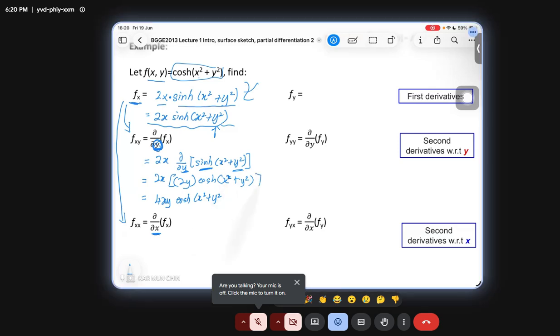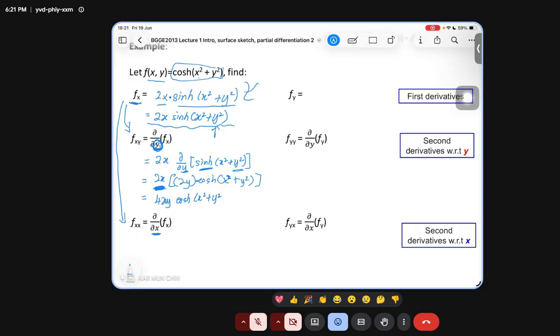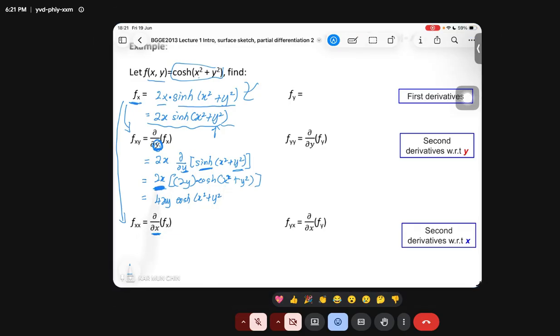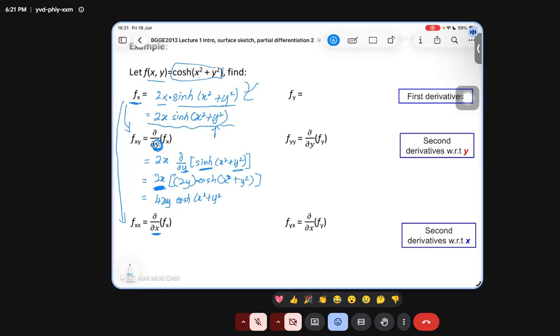Got it? The part I don't understand is why the 2x wasn't treated like a constant becoming 1. Instead, it just came down unchanged. This one? The 2x part? Because if you think that it becomes a 1, that would be 2x plus something.